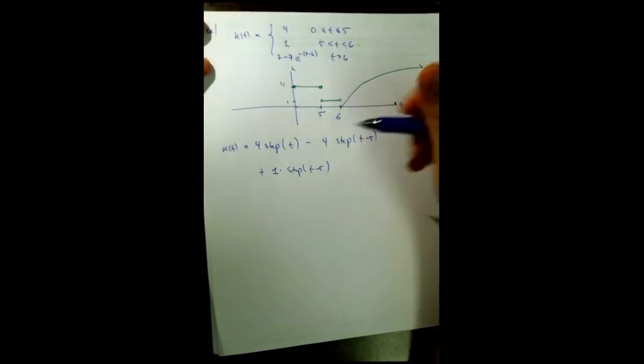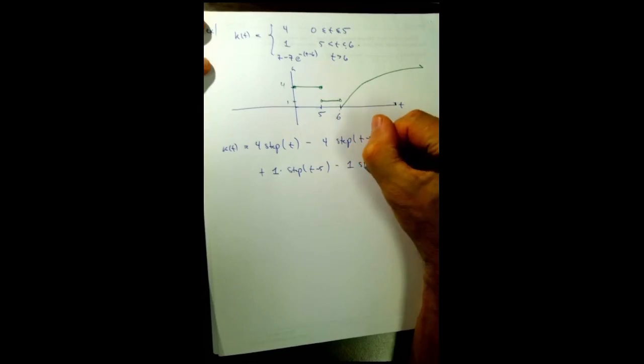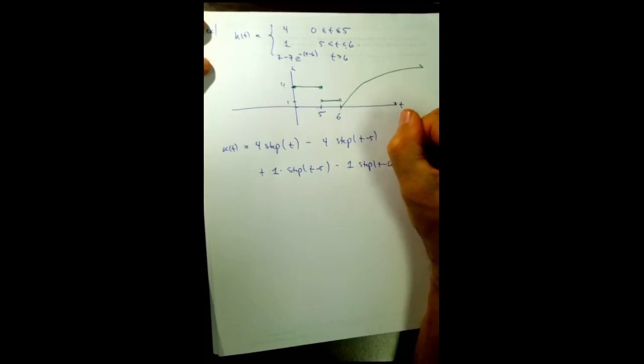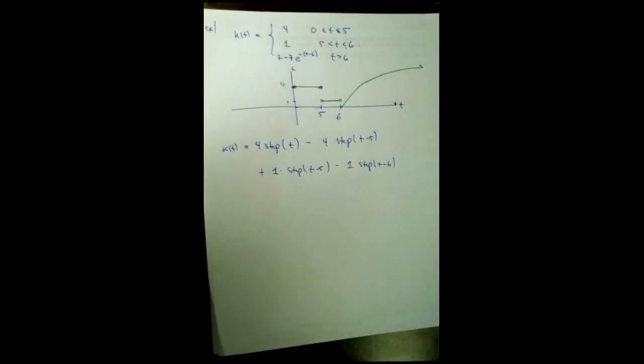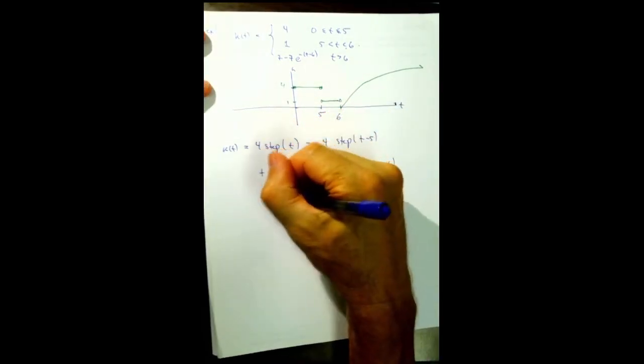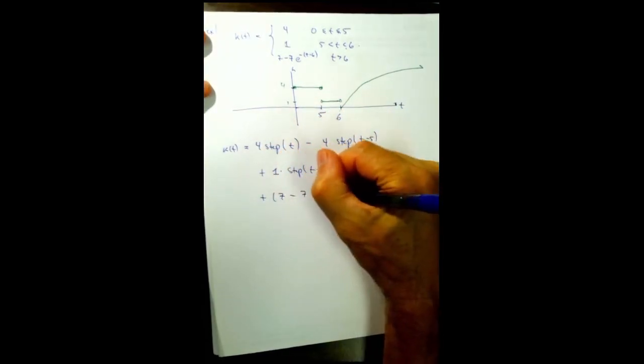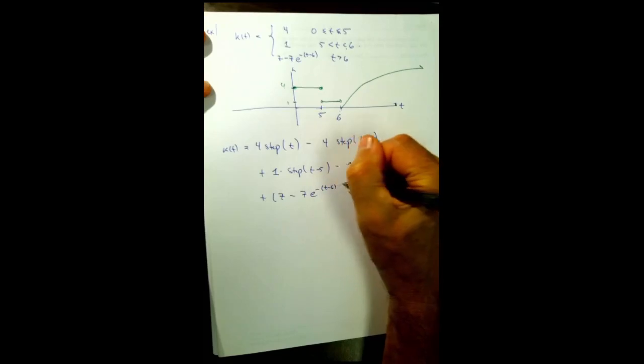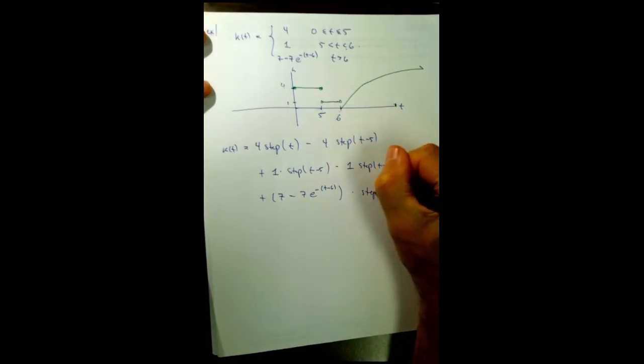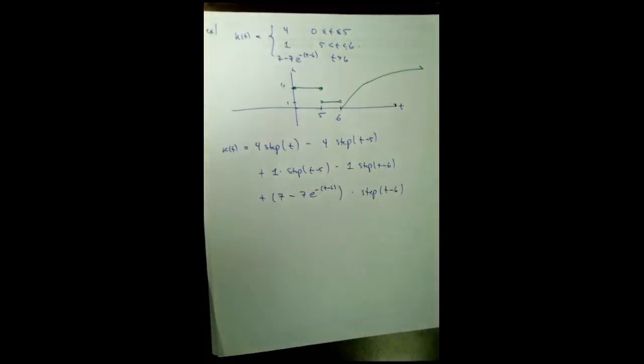At t equals 6, that 1 turns off. So I'm going to have minus 1 times the step function at t minus 6. But then I have to turn on the 7 minus 7e to the minus (t minus 6). So my new function can be written like this.